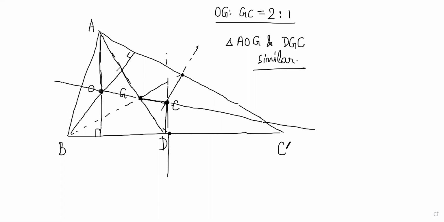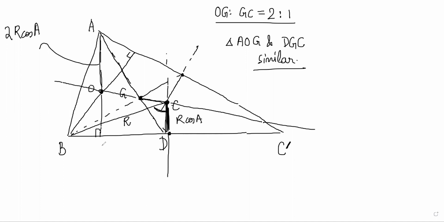How are they similar? Notice that this distance we already knew was 2r cos A, right? And this distance is circumcenter's distance from the side, right? It will be r cos A because this much is r and this angle was A. So this is r cos A, right?